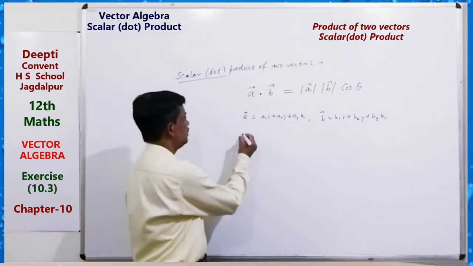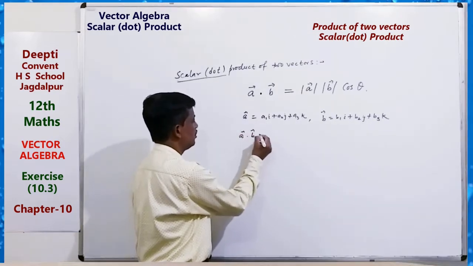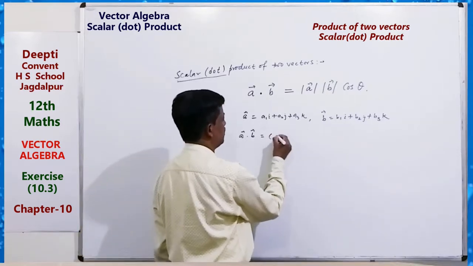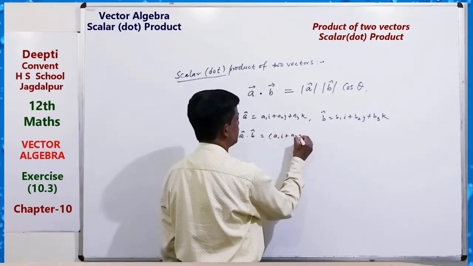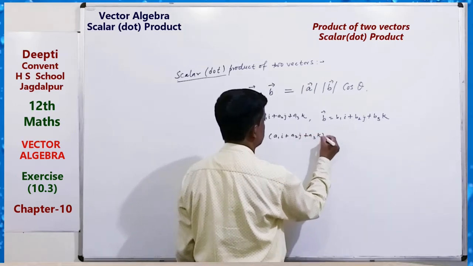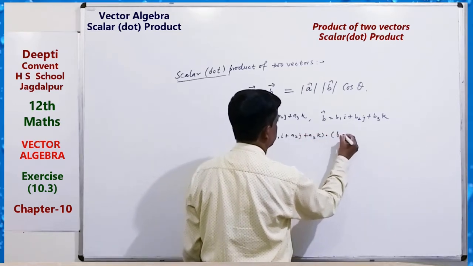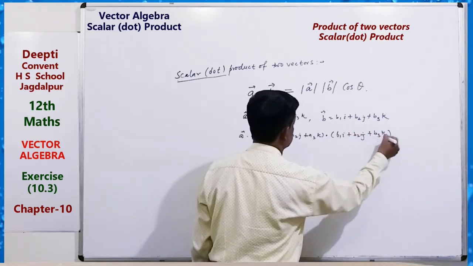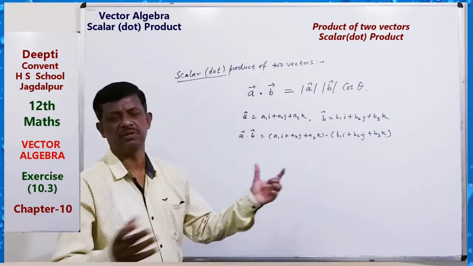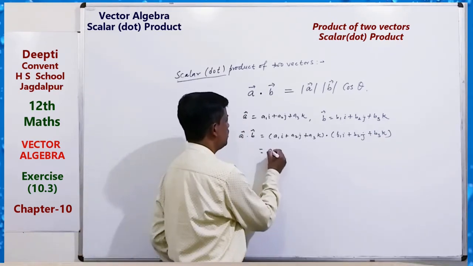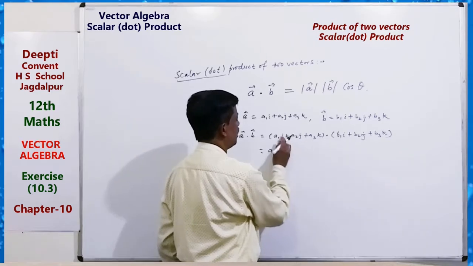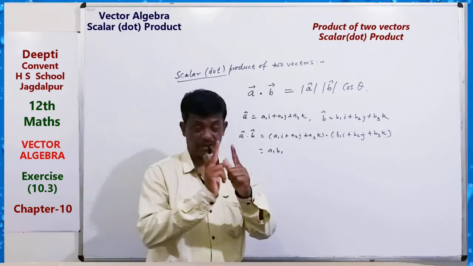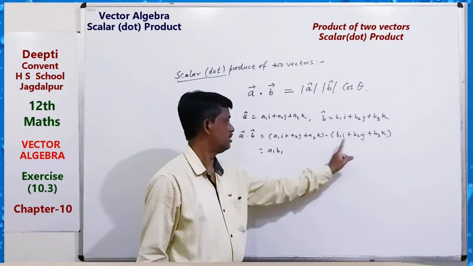Then for A dot B, the dot product, just write and simply multiply. A1 I plus A2 J plus A3 K dot B1 I plus B2 J plus B3 K. Simple multiplication. We can write A1 B1 I dot I. The dot takes place between two vectors. Here I is a unit vector, here I is also a unit vector.